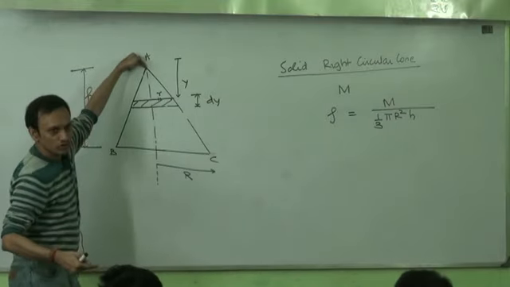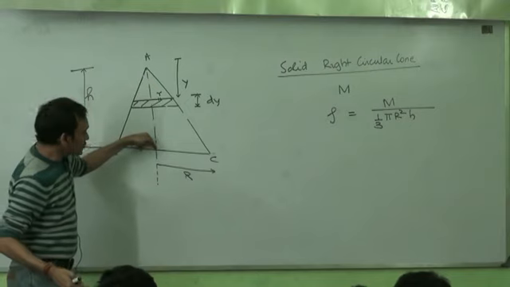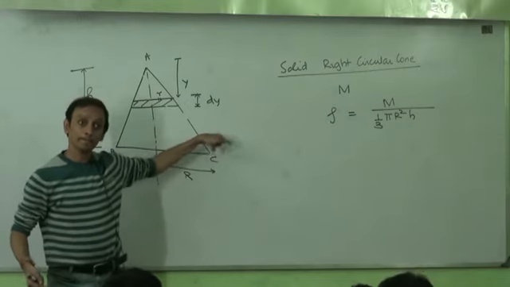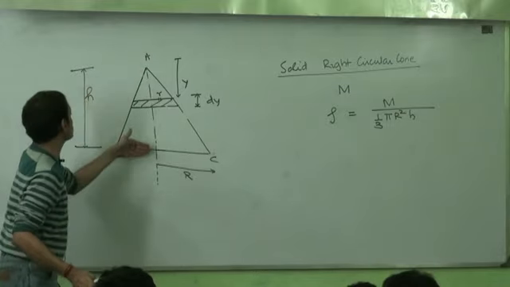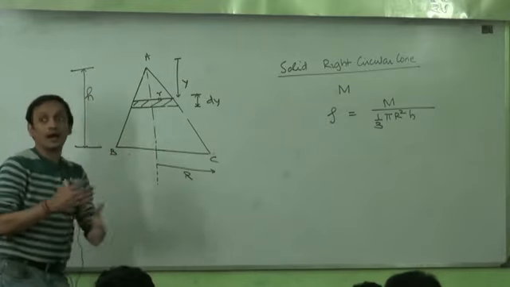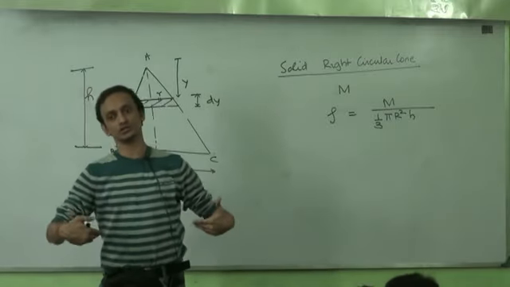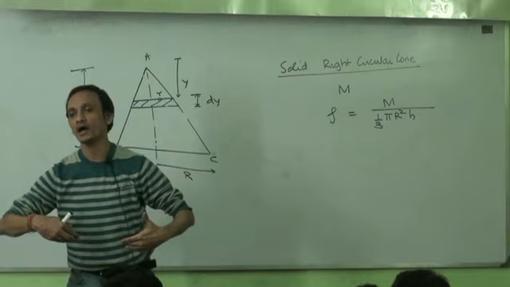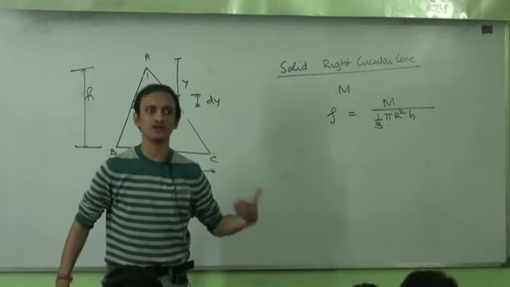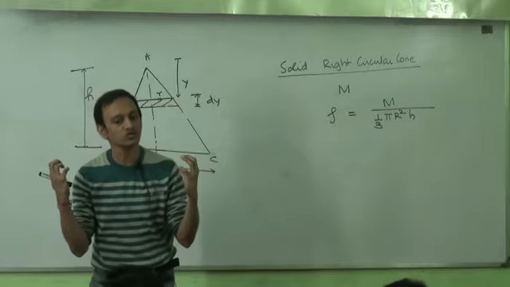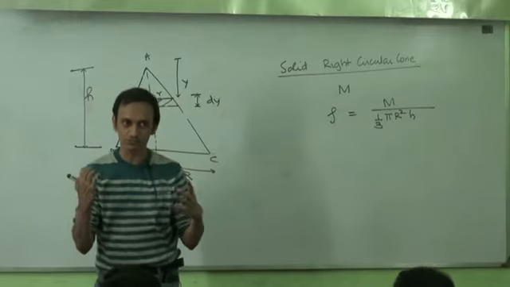At y equal to 0, small r is 0. At y equal to h, small r becomes capital R. So when y runs from 0 to capital H, I'll be able to include all the discs that constitute the right circular cone, right? So the summation would have to be done keeping this in mind. Y equal to 0 to y equal to capital H would include all the constituent discs of this system.